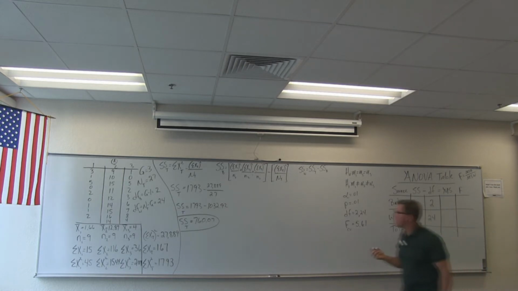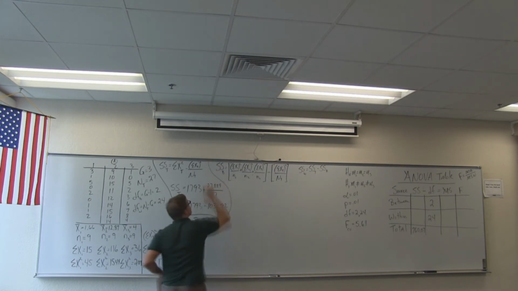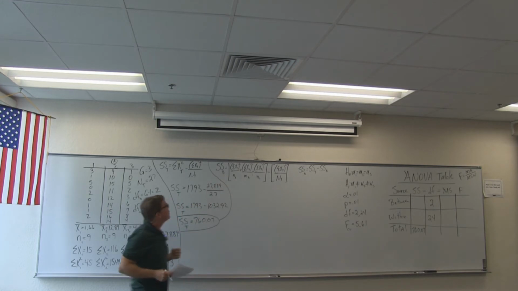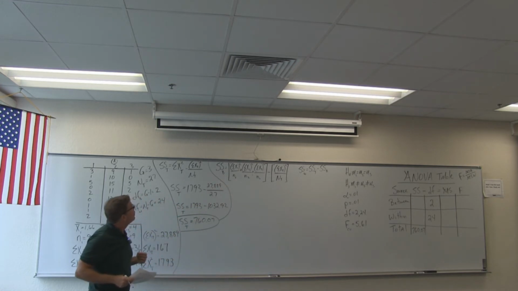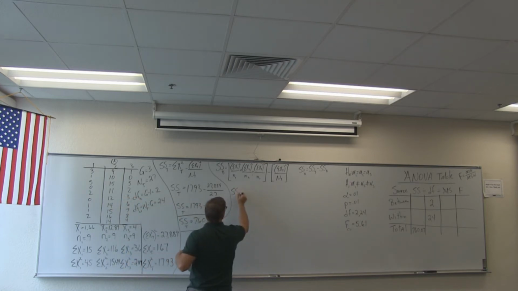Our next step in this partitioning activity, sum of squares between groups. And we said that this is a little bit bigger of a deal, but not that big of a deal. SSB, we open up a bracket.